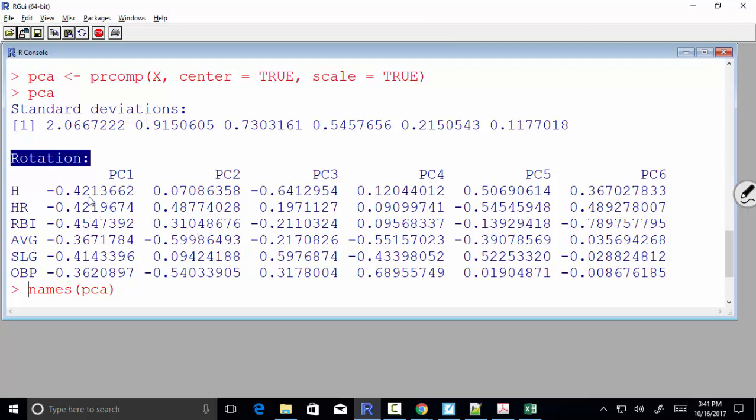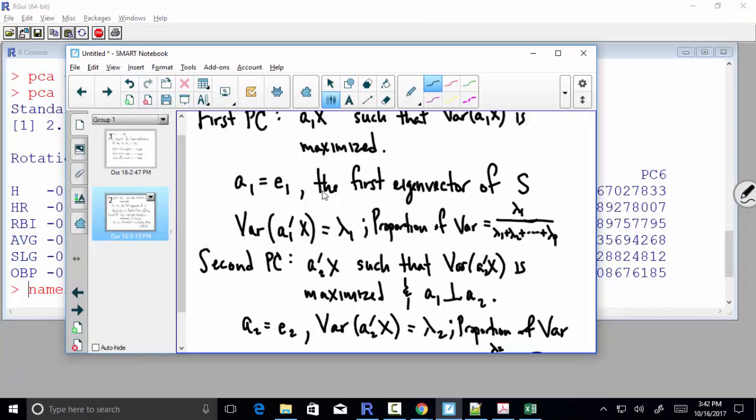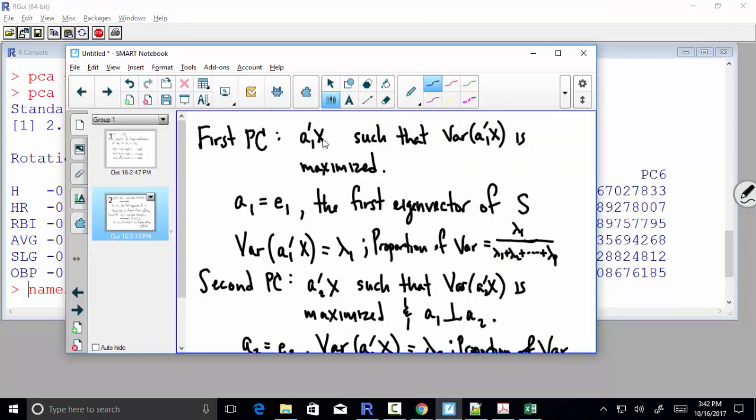So here, in this matrix, the first column is called PC1. That's an unfortunate choice of words as well, because that's not actually PC1. That's the coefficients that define PC1. PC1, the first principal component, is a linear combination of the P variables.